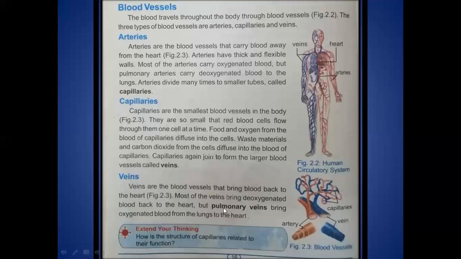In this case, all the veins carry deoxygenated blood except pulmonary vein, which carries the oxygenated blood. And then that oxygenated blood, the pulmonary vein carries to the heart, and from where? From lungs. From lungs it carries to the heart, and then heart supplies it to all parts of the body.